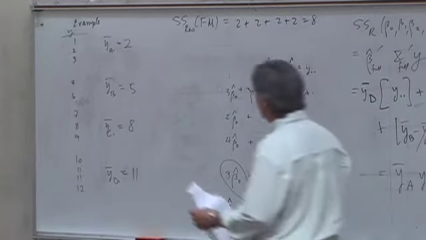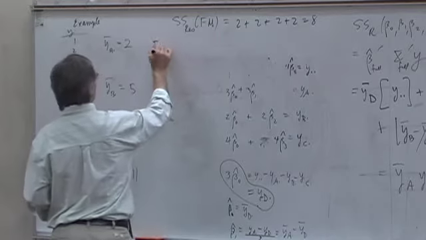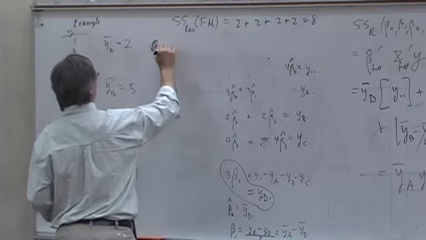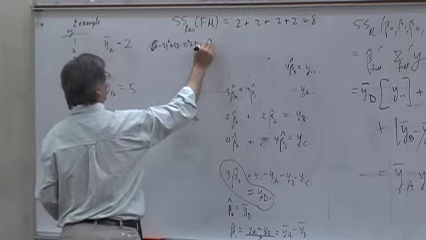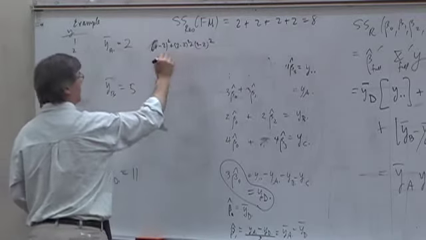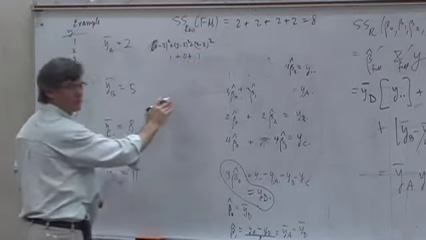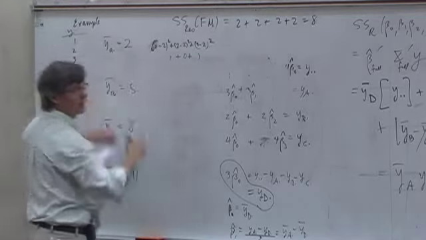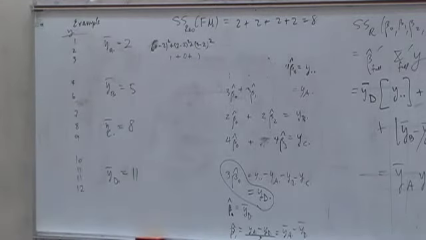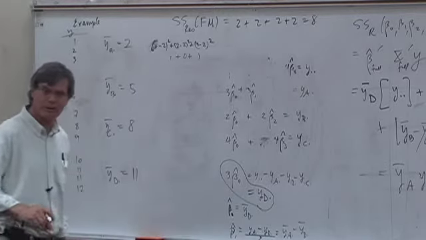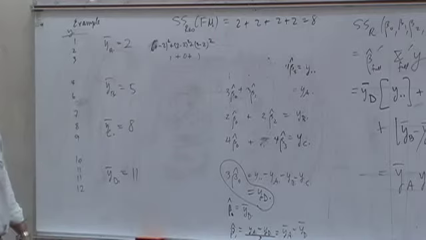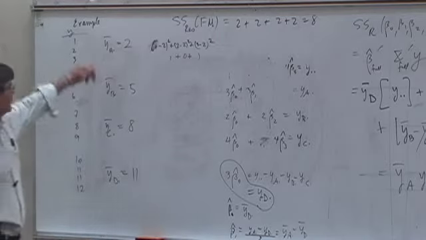See how that's working out? I'm taking 1 minus 2 squared plus 2 minus 2 squared plus 3 minus 2 squared from this block, which is 2. I'm just taking the pooled sum of squares.